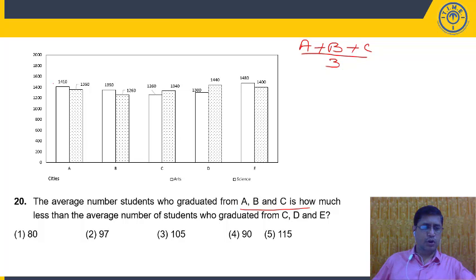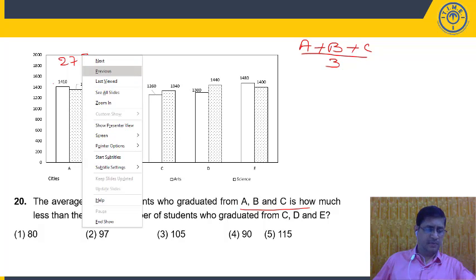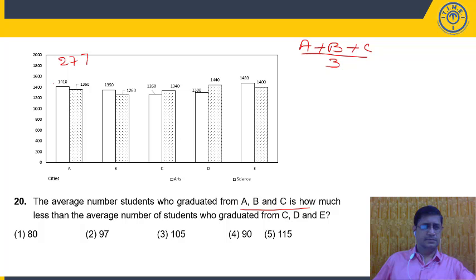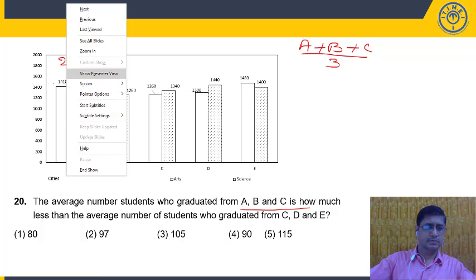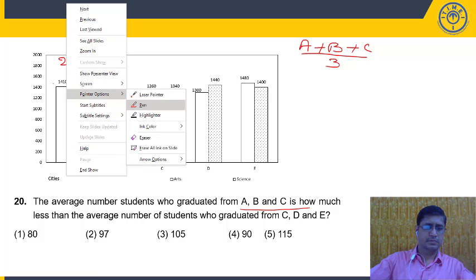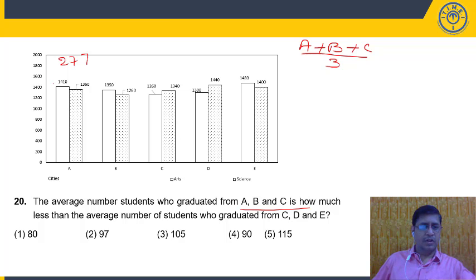Sum of these two is equal to 2770, sorry. Okay, the second value, when you add these two, it is 2610.